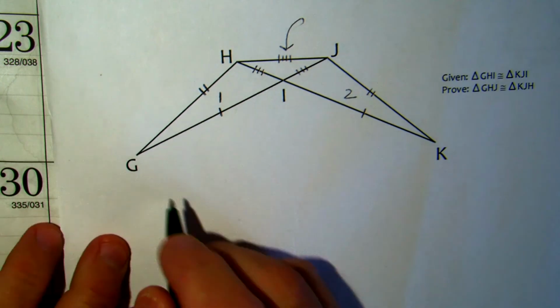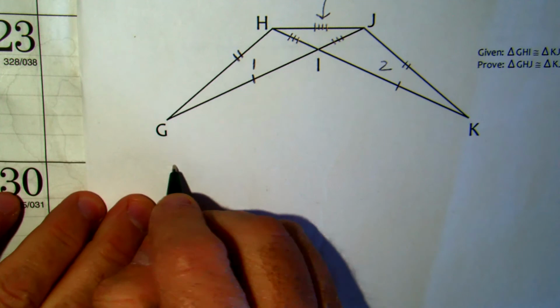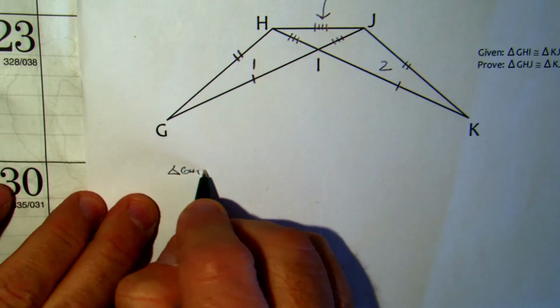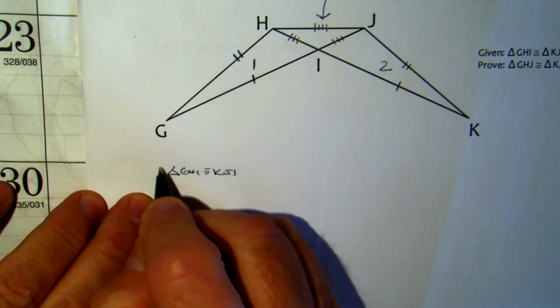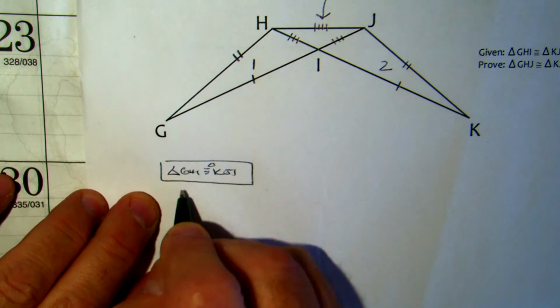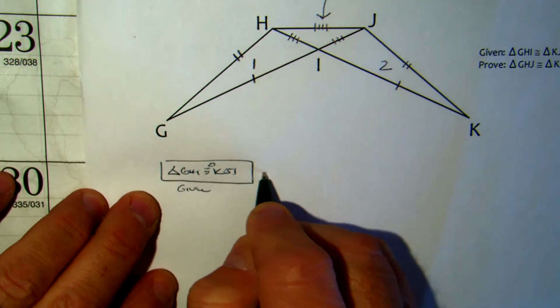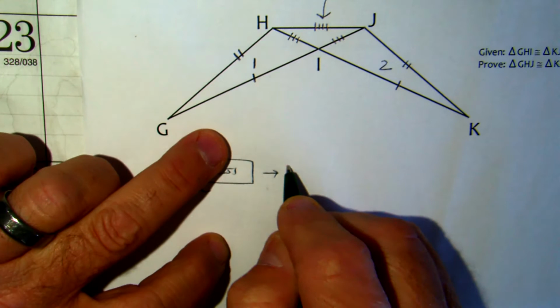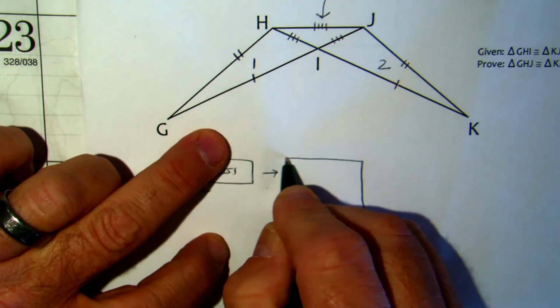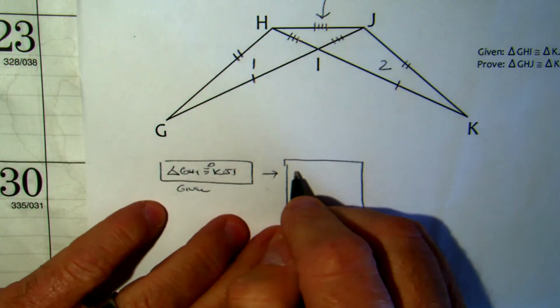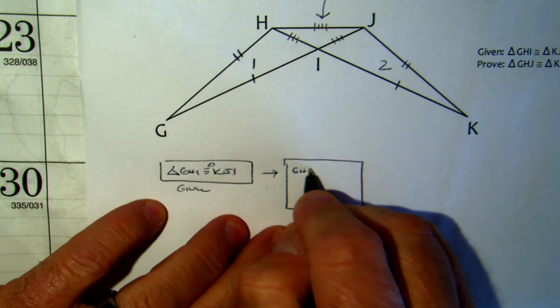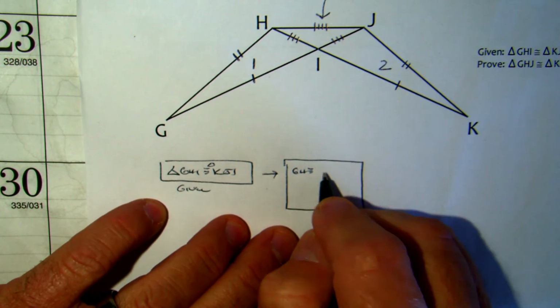So we're going to start our proof with triangle GHI congruent to KJI, because it is given. And then basically we're going to go with all three sides being congruent. First way we roll through it. So GH is congruent to JK.